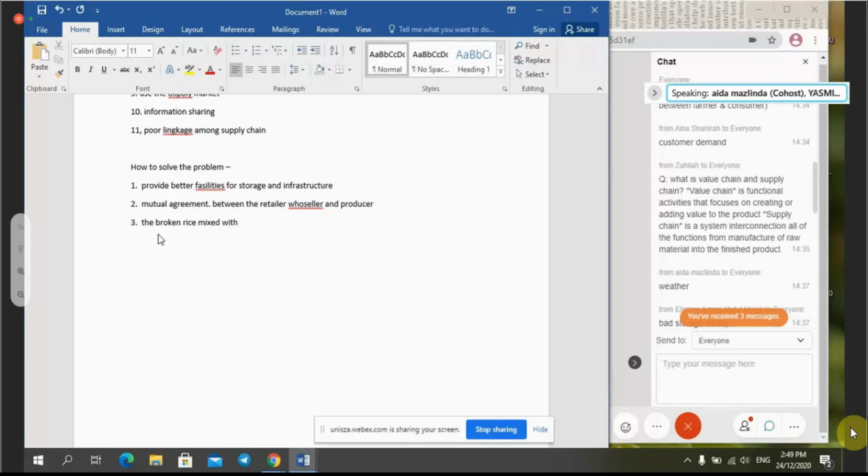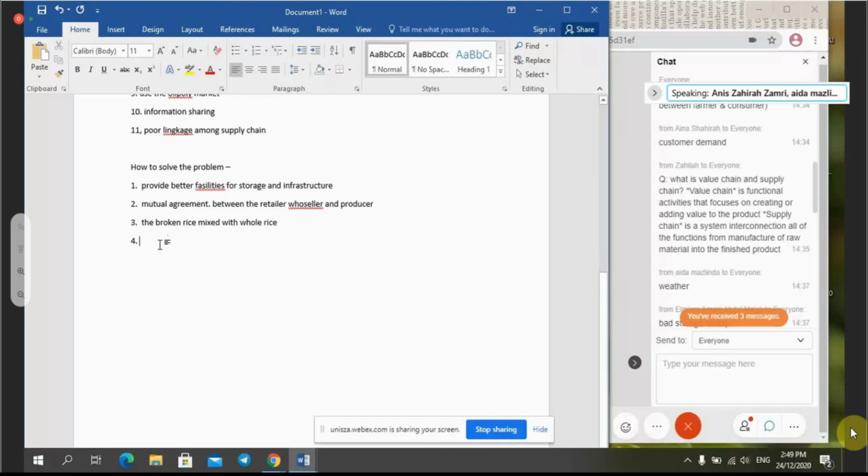Lepas tu yang supply chain and value chain through rice very widely tu sebab location dia different. Okay. Tapi suggestion tak tahu. How to suggest? Suggestion. Kalau different location tu kena improve transportation je lah kot. Yeah, I think of course so lah.